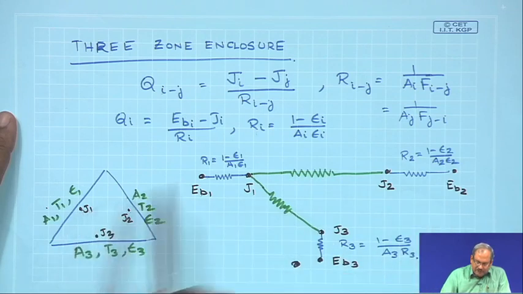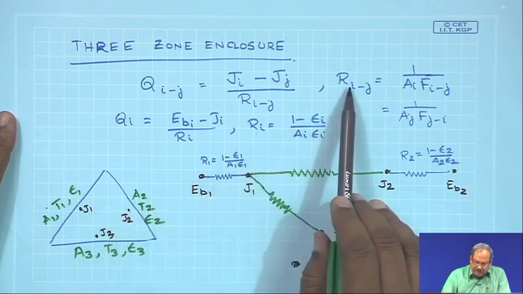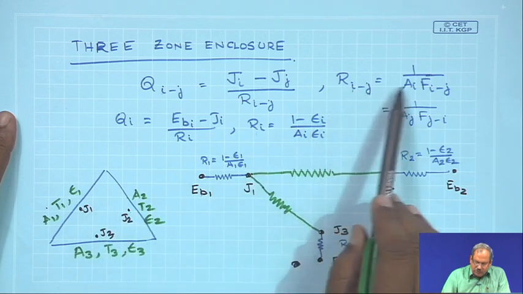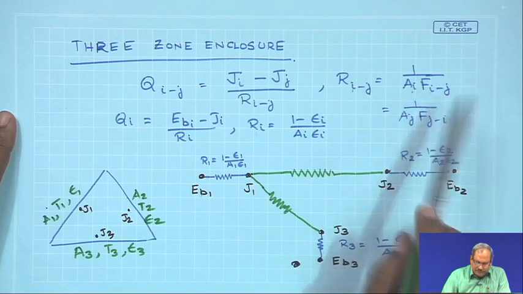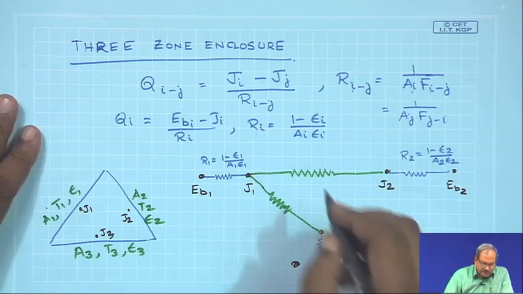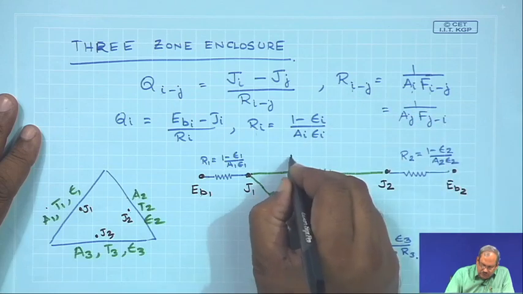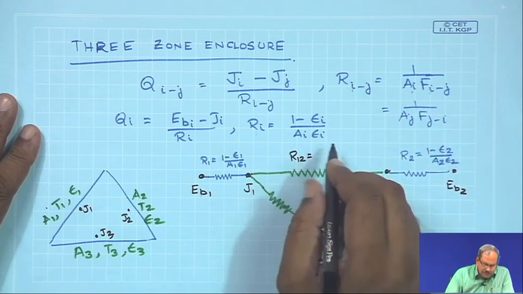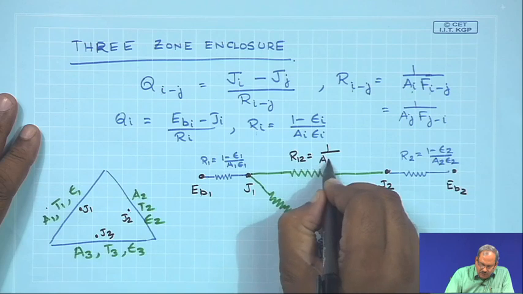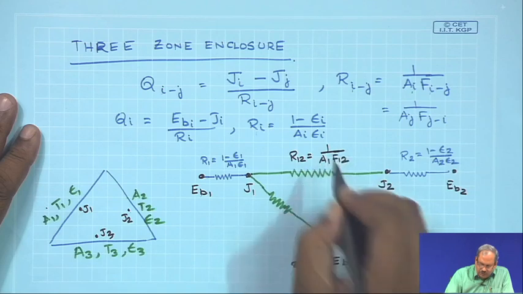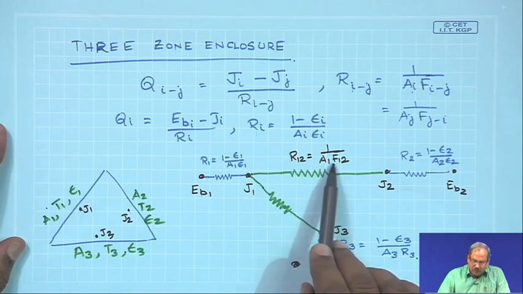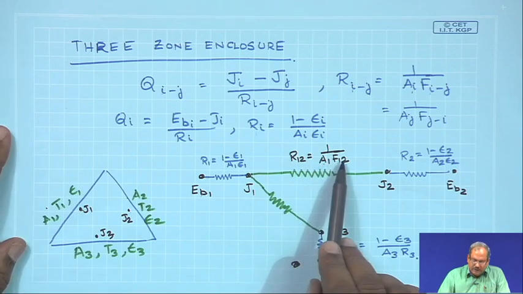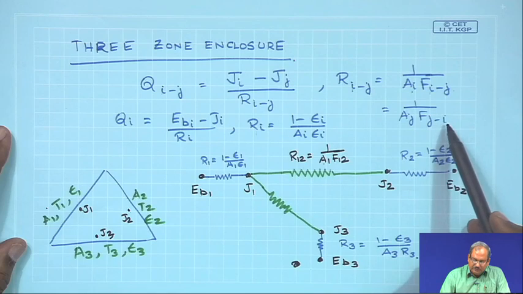So, what is the formula for interaction between J1 and J2? It is R1 to 2. So, it should be 1 by A1 F1 to 2. So, the resistance R12 would simply be equal to 1 by A1 F12. You can see clearly that it can also be equal to 1 by A2 F21 because of the reciprocity relation.